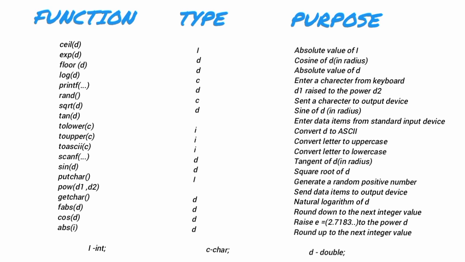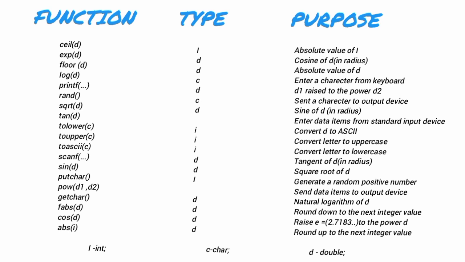Similarly, cos(d): cosine of d in radians. fabs(d): absolute value of d. getchar(): enter a character from keyboard. pow(d1, d2): type double, d1 raised to the power d2. putchar(c): send a character to output device. sin(d): sine of d in radians.